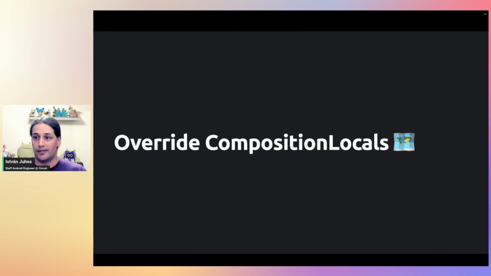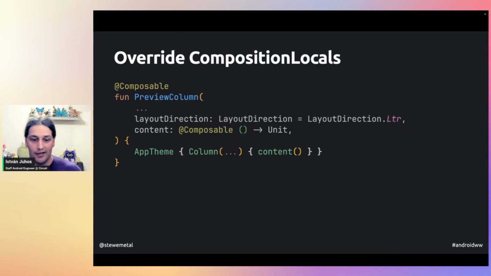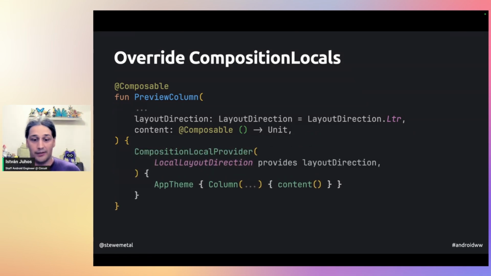Okay, some hints about overriding composition locals inside previews. So back to our preview column example that we could see before, we can also add some global settings or some layout modification settings or environment settings there. In this example, layout direction, because why not? And we can override any composition local at any point in our composition.